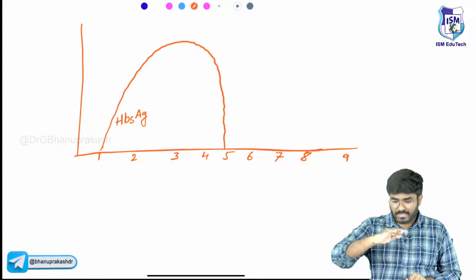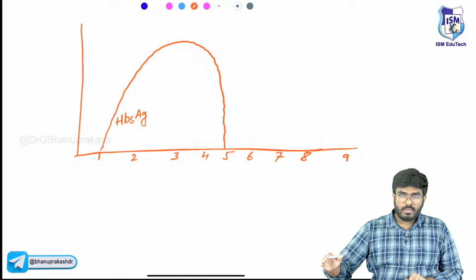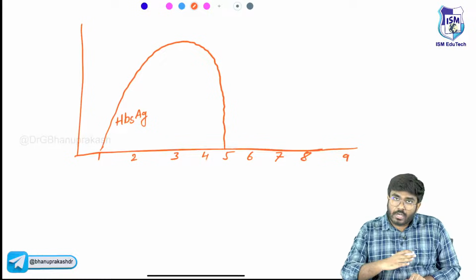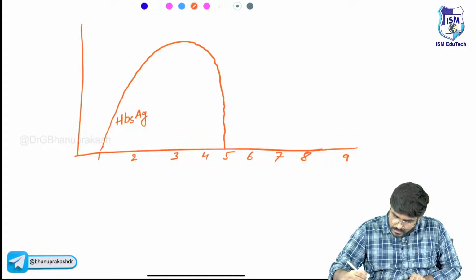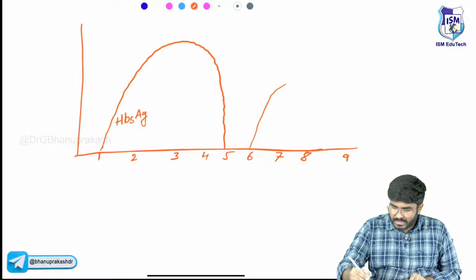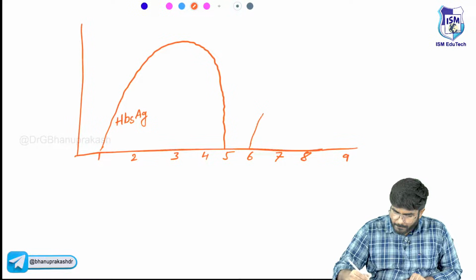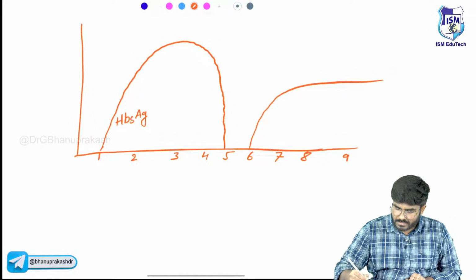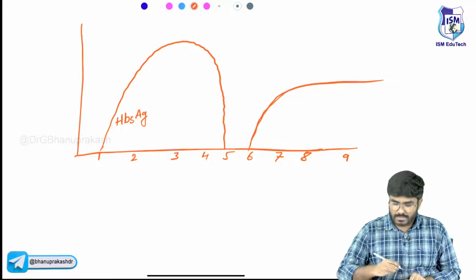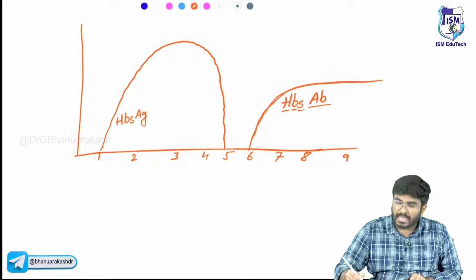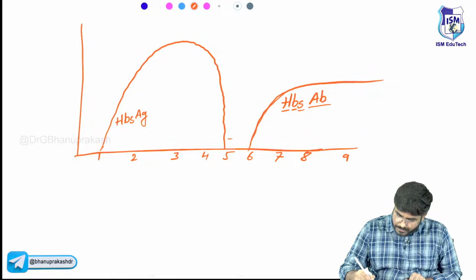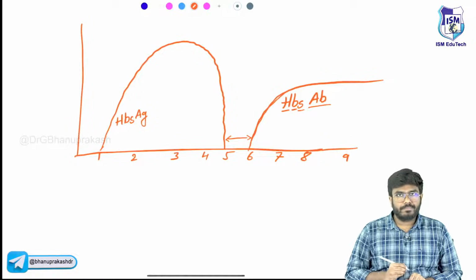It is rising and then coming down. And by the end of this, the red color antibodies are increasing, like this. What are these antibodies? These are HBs antibodies, anti-hepatitis B surface antibodies. What is this period? This period is called the window period.